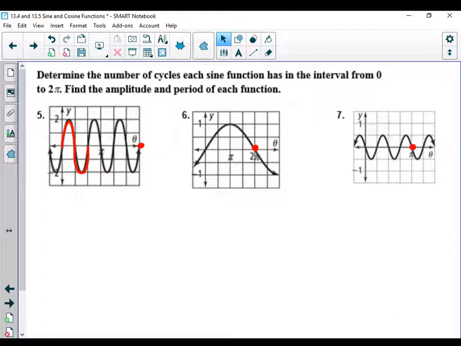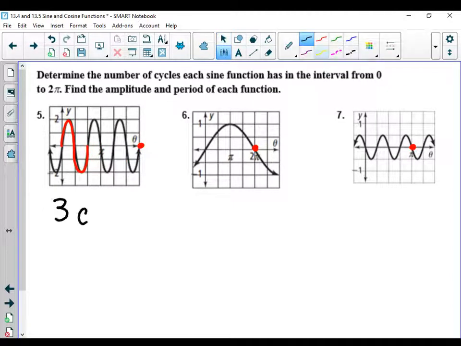I need both the top and the bottom. So how many of these squigglies fit between 0 and 2 pi? 3. Okay, so I have 3 cycles. What is my amplitude? 2.